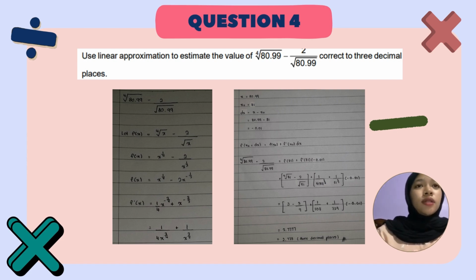And then after that, we will get the fourth root of 81 minus 2 over square root of 81 plus 1 over 4 times 81^(3/4) plus 1 over 81^(3/2) times negative 0.01. And then after we simplify, we will get 3 minus 2 over 9 plus 1 over 108 plus 1 over 728 times negative 0.01. And then we will get 2.7777. For the final answer to 3 decimal places, we will get 2.778.